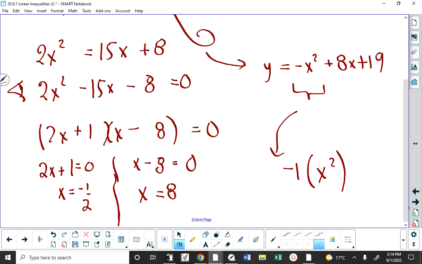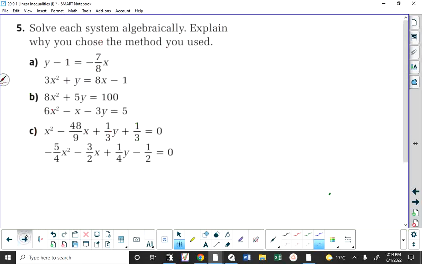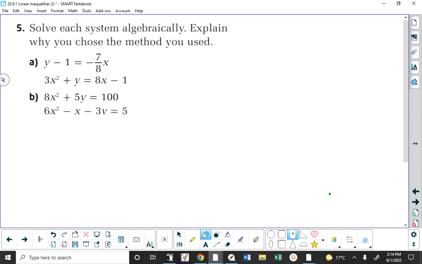Go ahead. Okay, let's look at 5b. All right. It says just solve it. It doesn't tell you which method you need to use. So first of all, from a strategic standpoint, there's x squareds in each.